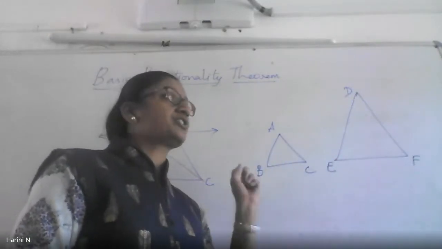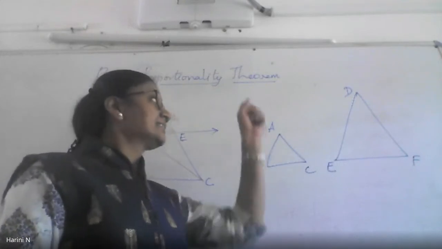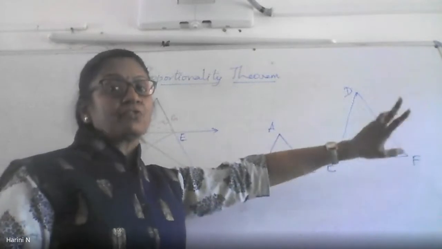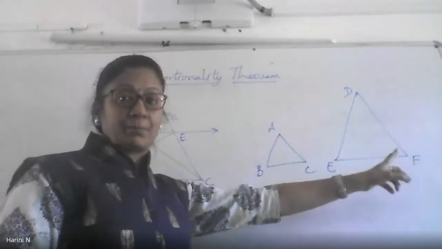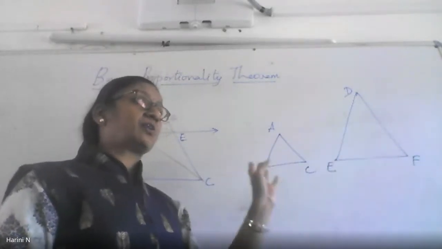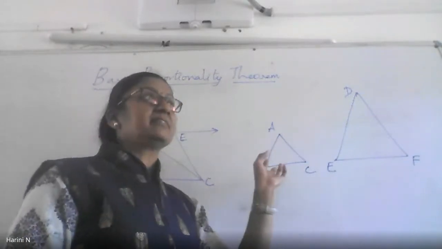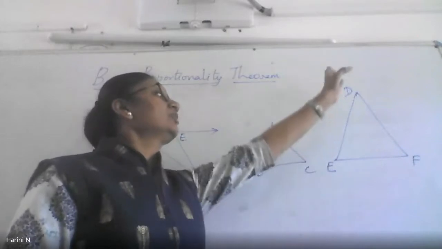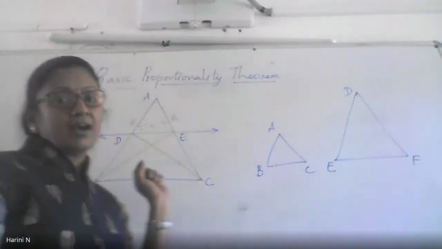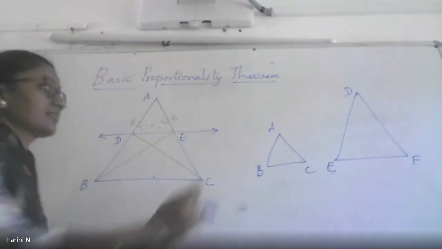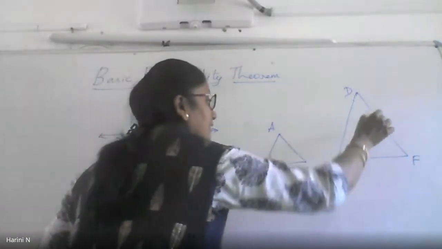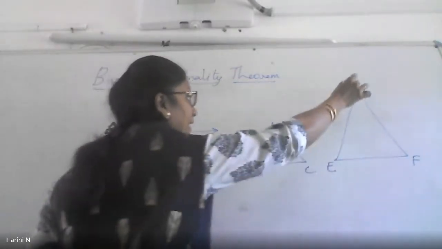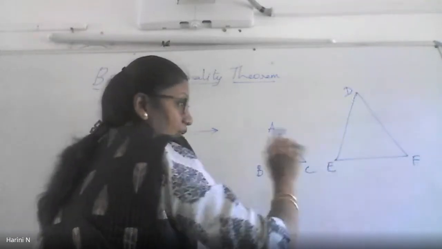But when you want to check for the similarity, can I say triangle ABC is similar to triangle DEF? I have to check whether they have the same shape. They have the same shape, yes, because they are acute triangles. That means correspondingly all the three angles in ABC and all the three angles in DEF are equal. But the sides need not be equal, because you can see that the length of the side AB and the length of the side DE are not equal.